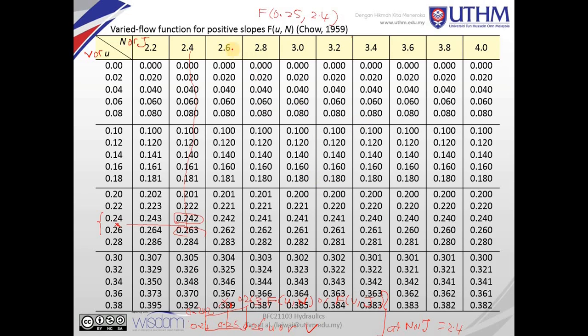So to jot it down here: 0.263 minus 0.242 divided by 0.26 minus 0.24 is equal to x minus 0.242 for the smaller trapezoid, divided by 0.26 minus 0.24.